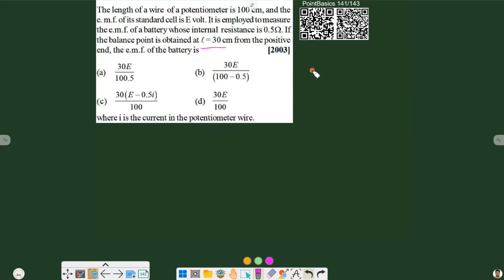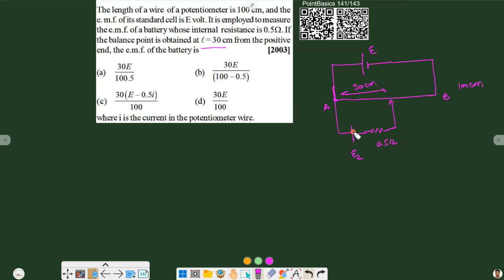So if we draw a basic diagram for this, we will have potential E with wire AB of length 100 centimeter, and there is another cell whose EMF we have to measure, suppose E2, and its internal resistance is 0.5 ohm and it is balancing at a length of 30 centimeter.